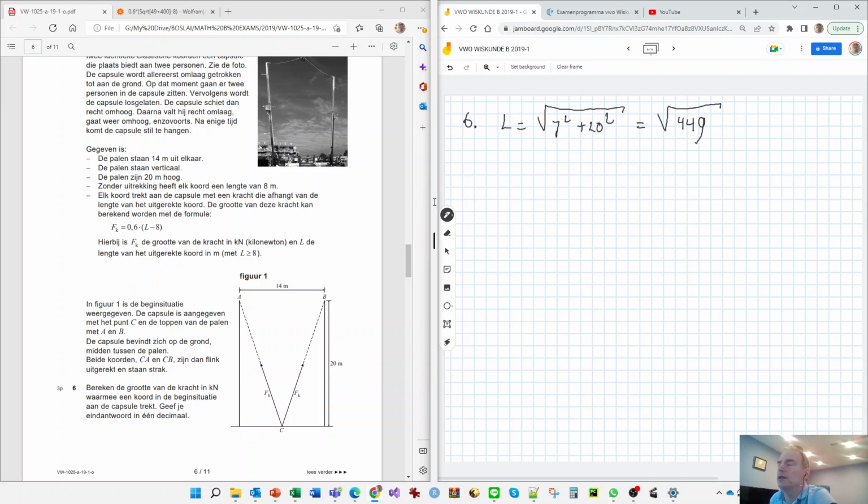We have to calculate to a decimal. Well, we immediately know the answer. Fk is 0.6 times this square root of 449 minus 8.